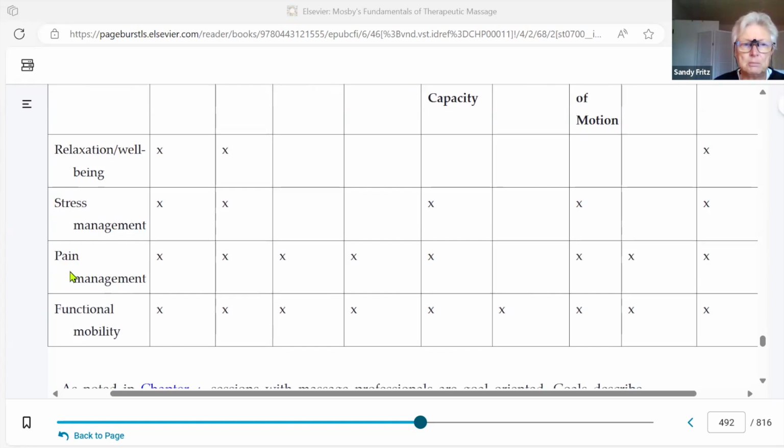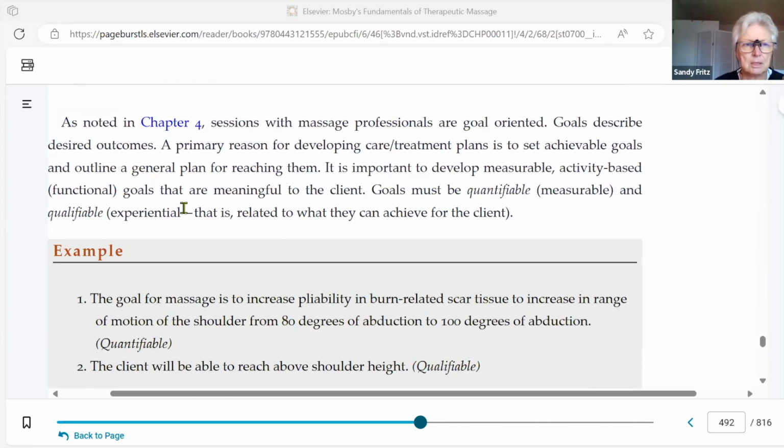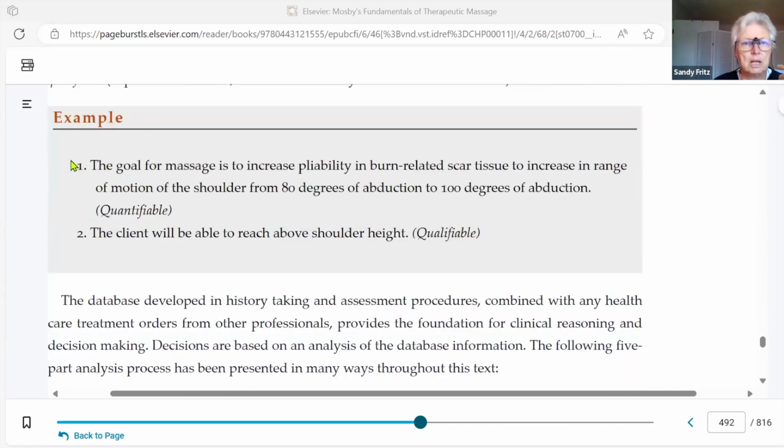And as we move into more complex situations, pain is complex, then our assessment becomes more complex. And then we need to also start to be confident in how we will create quantifiable, measurable, and qualifiable outcomes.